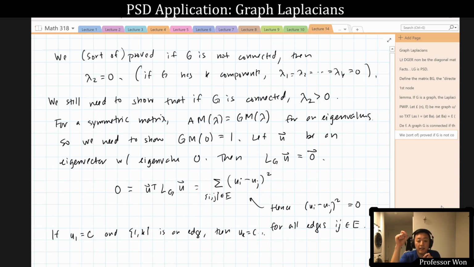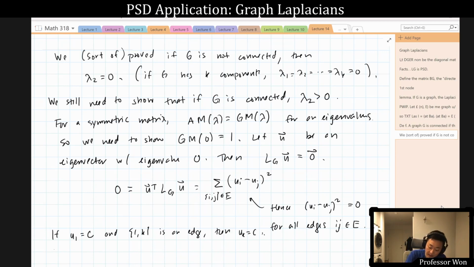But then, for every other vertex connected to K, it also has to have value C. In other words, what this is saying is that whenever you move from one vertex to another along an edge, let's say 1, 2 is an edge, that would mean the values of U1 and U2 have to be the same, because as you walk along that edge, you see U1, you see U2, the difference needs to be 0.